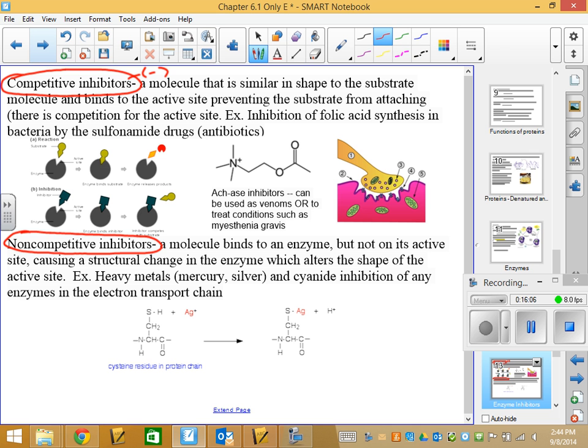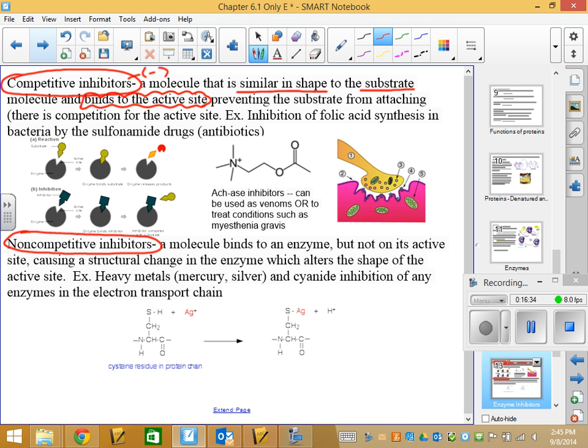A competitive inhibitor is a molecule that is similar in shape to the substrate molecule, and it binds to the active site. That is the key thing. That is the thing that makes a competitive inhibitor different from a non-competitive inhibitor. This point here. It binds to the active site.